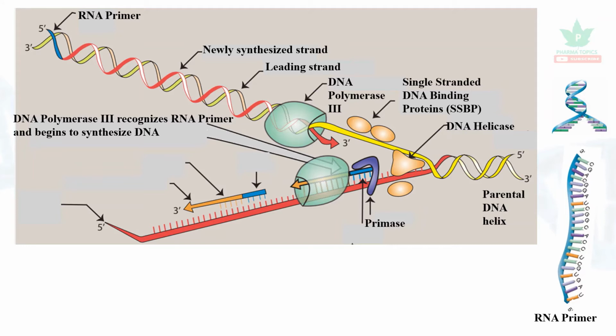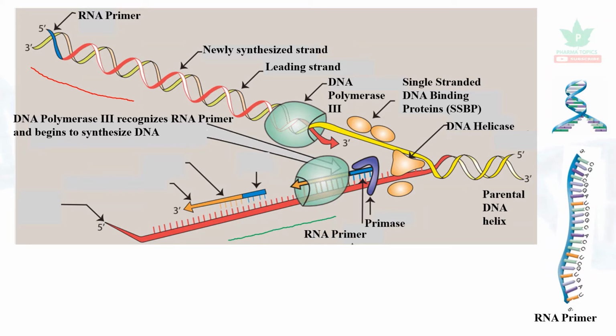It is recognized by the enzyme DNA polymerase 3, and it starts synthesis or elongation of the DNA. One strand actually generates faster when compared to the other strand. The strand which is synthesized faster is called the leading strand, and the strand which is synthesized slowly is the lagging strand.